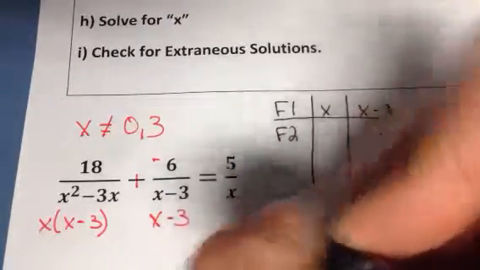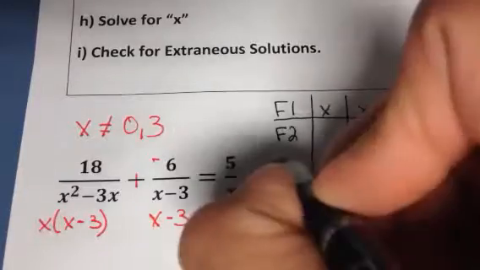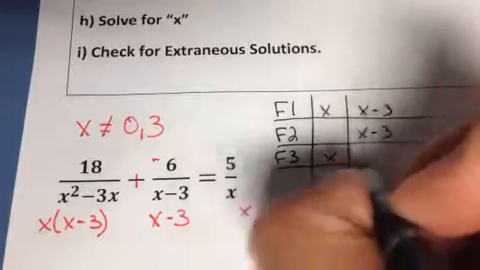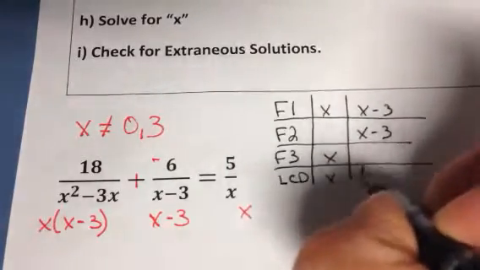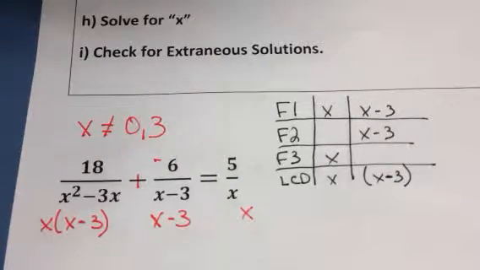Fraction 2 would just be x minus 3. It repeats, and fraction 3 would have an x. So if I bring everything down, that's your least common denominator, x and x minus 3. The terms are going to get wrapped in parentheses.